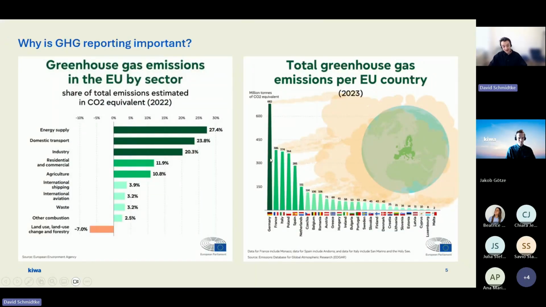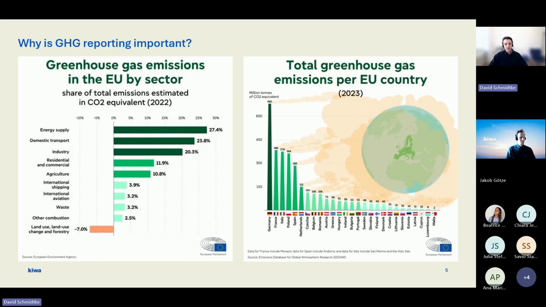Greenhouse gas reporting has, as you might know, become a key instrument for climate governance and corporate accountability. It enables you basically to quantify your climate impact, to identify where your emissions come from, and to develop targeted decarbonisation strategies to address those emissions once you know where they come from.